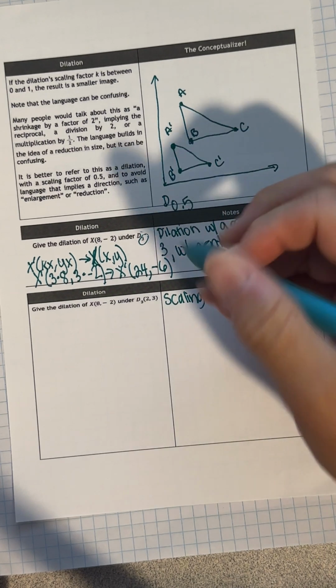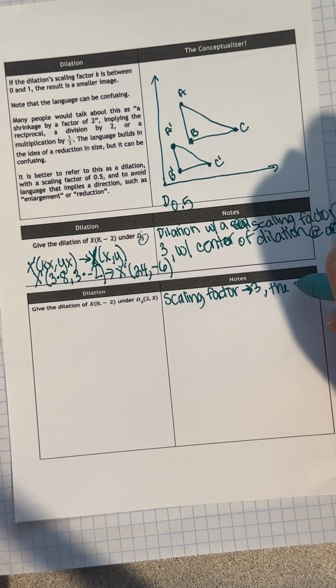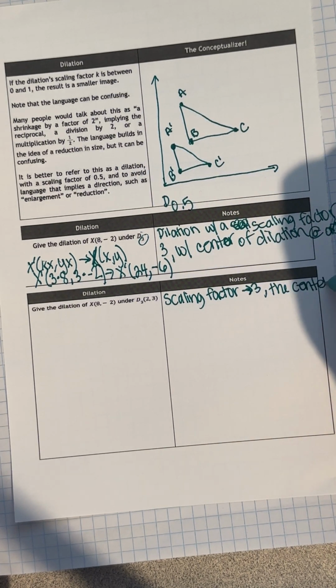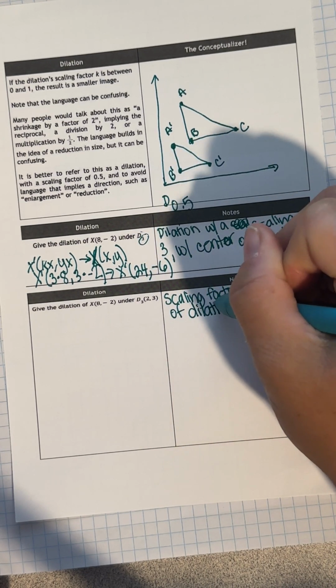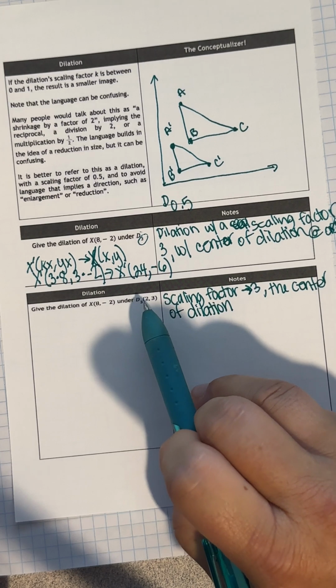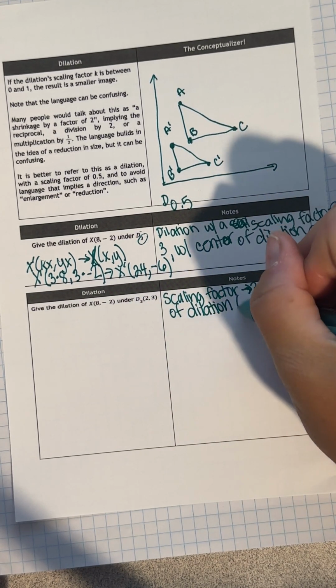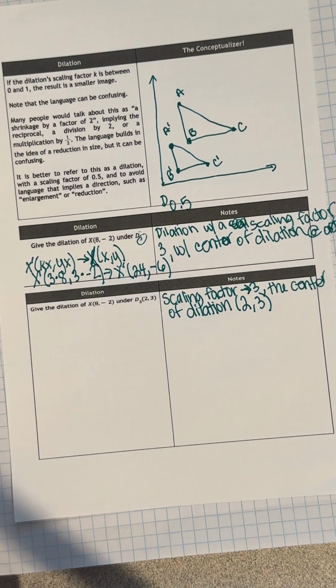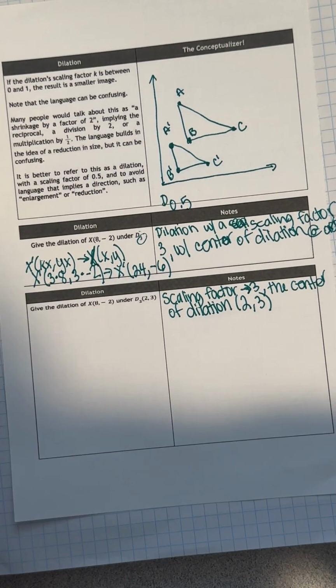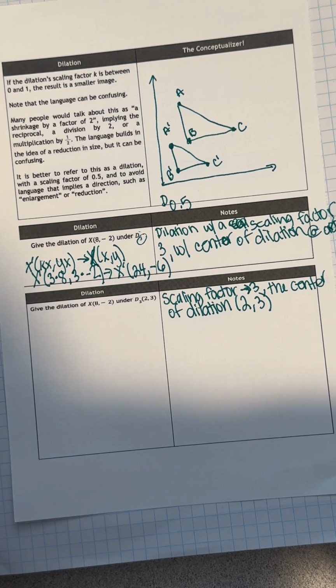But the center of dilation is now not the origin, but at points 2, 3. All right. So what does that look like? We want to find the distance from the center of the dilation.